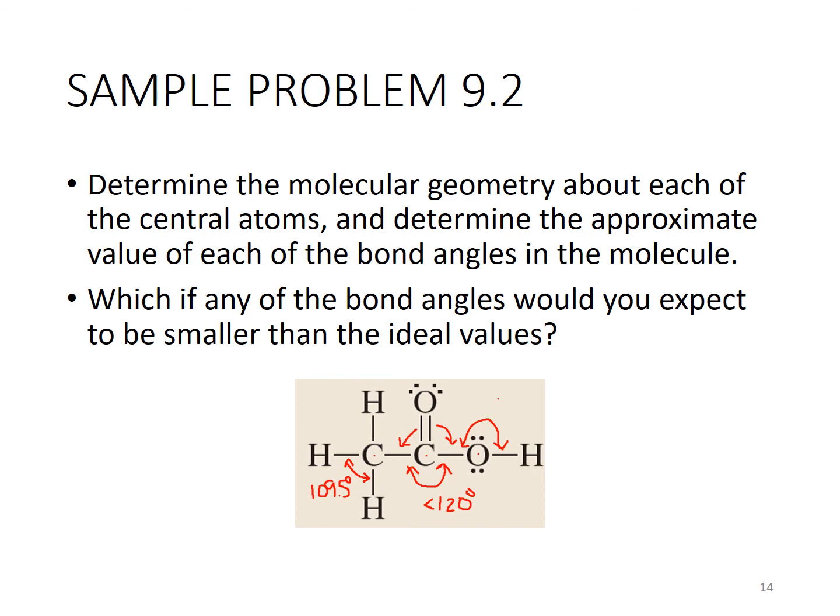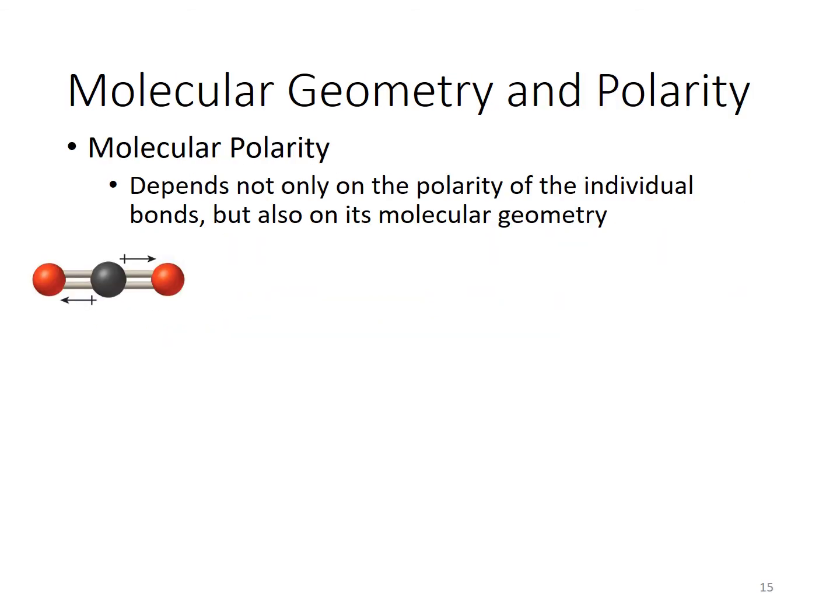This will be less than 109.5 because those lone pairs take up some space. And maybe, like we had seen before, it's maybe about 104.5 if it's similar to water. It looks pretty similar to water, but I wouldn't bet on it being exactly 104.5, but a little bit less than 109.5.